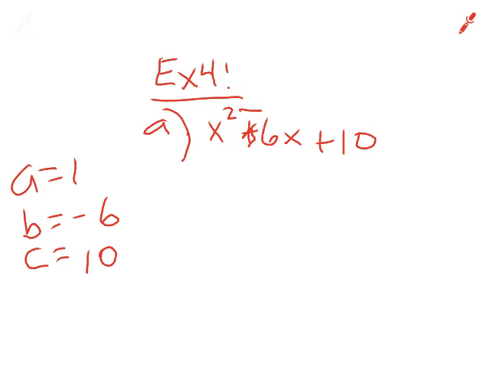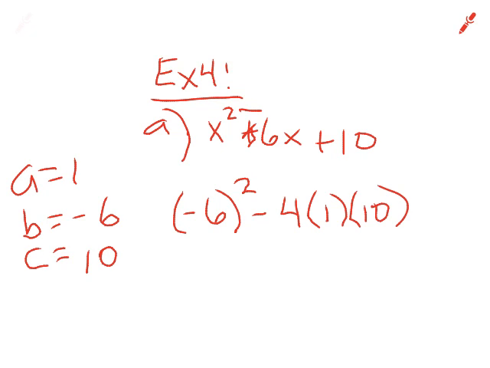So the discriminant is just going to be negative 6 squared minus 4 times a times c. Negative 6 squared is 36, and then negative 4 times 1 times 10 is minus 40, so this is going to be negative 4.